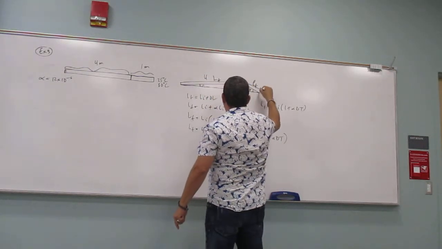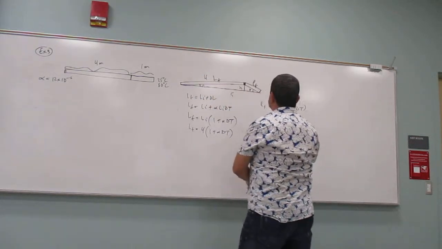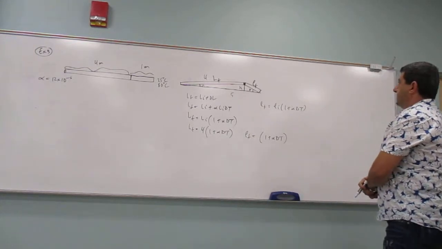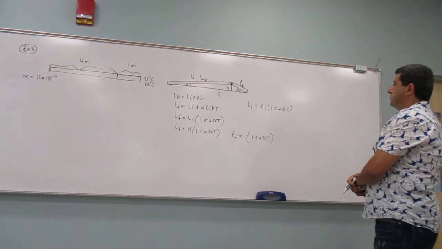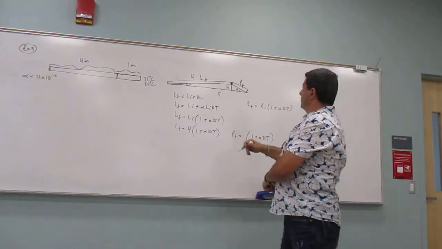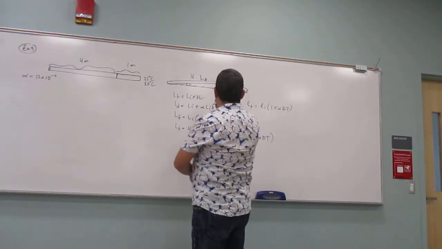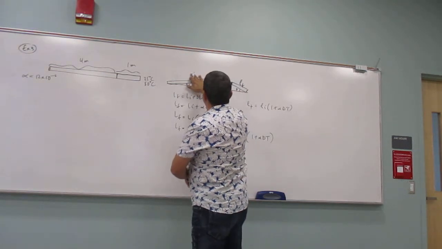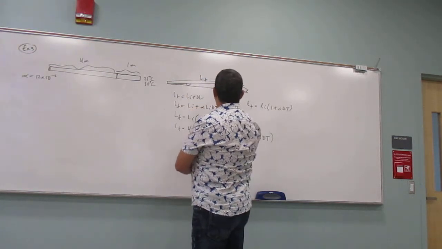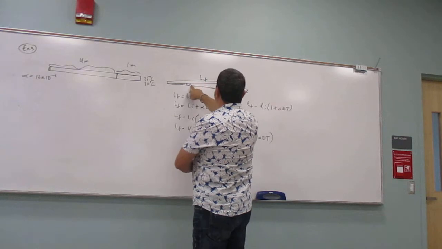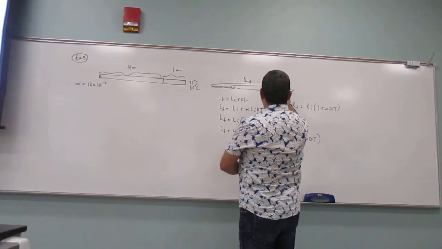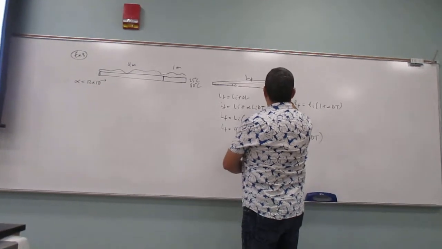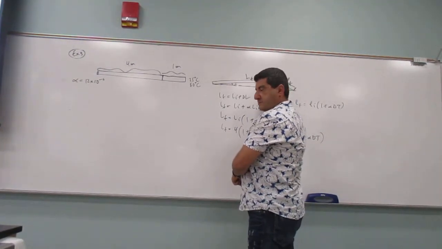So L final cosine of alpha plus L final cosine theta must equal 5, right?